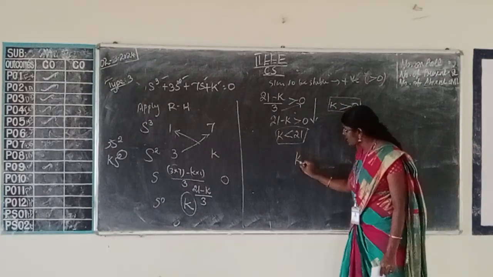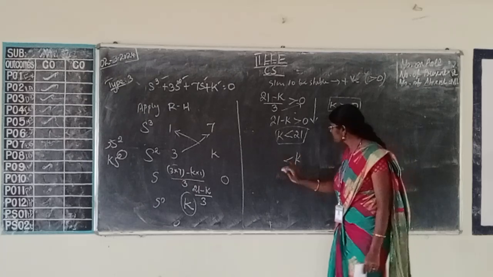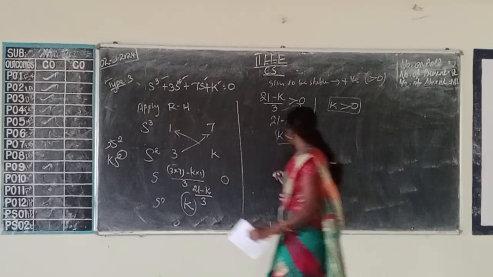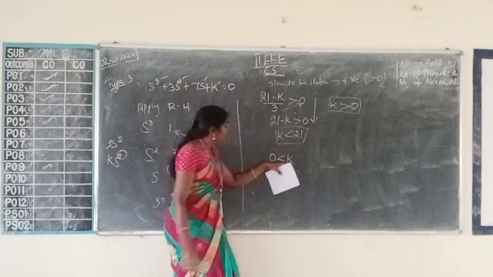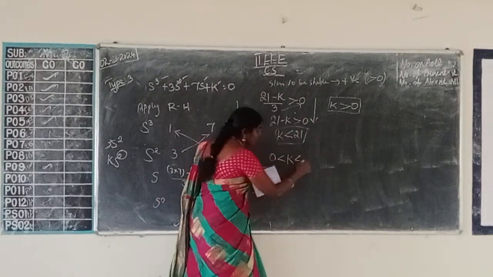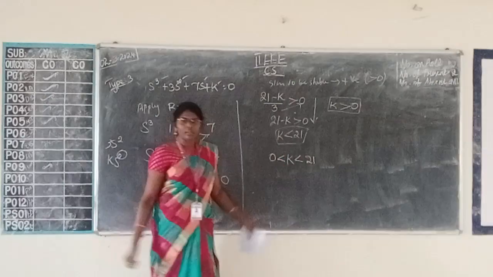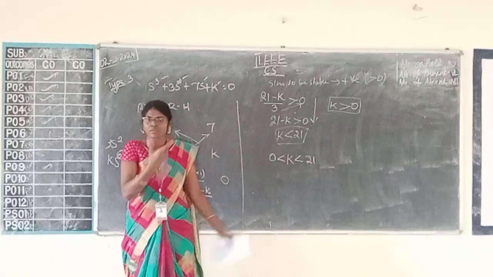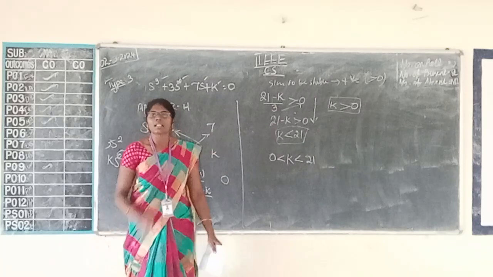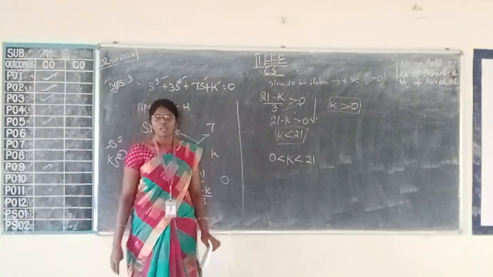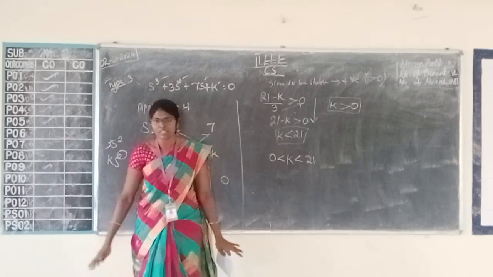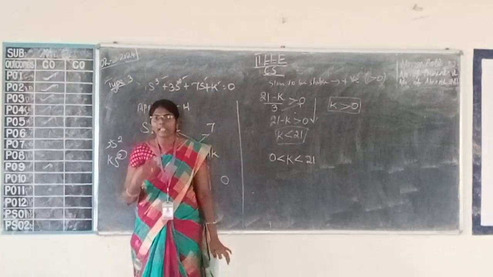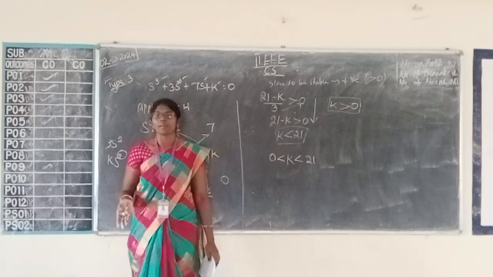We can write it like this: K is greater than 0 and it's less than 21. In this particular limit, that is from 0 to 21, the system is stable. Okay, in 0 to 21, we will be getting the first column elements as positive. So we can conclude that the system is stable.